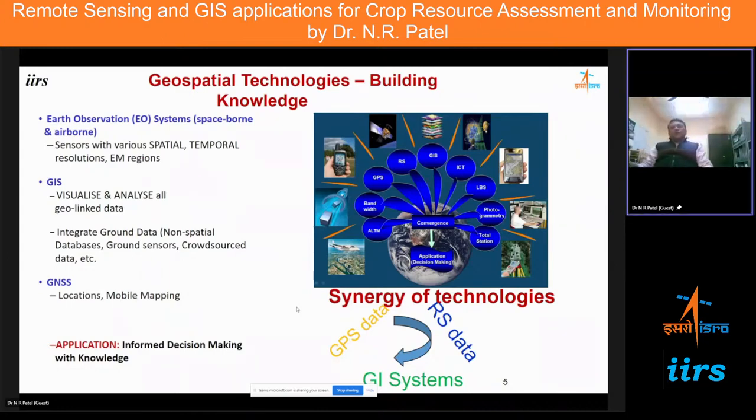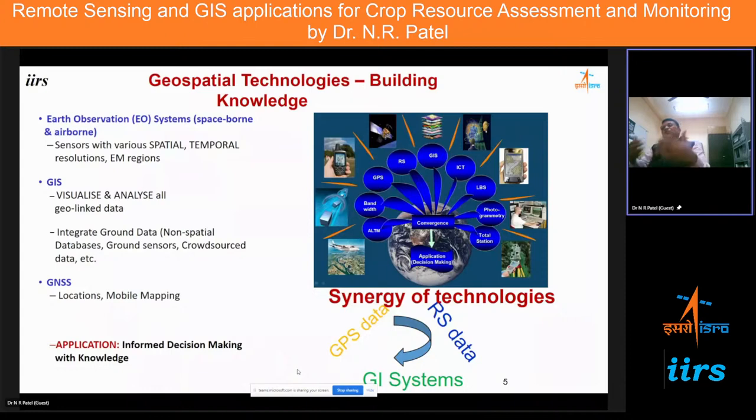Hello. So these are the things which are there. GNSS, location mapping. Then all these three together can help for informed decision making.